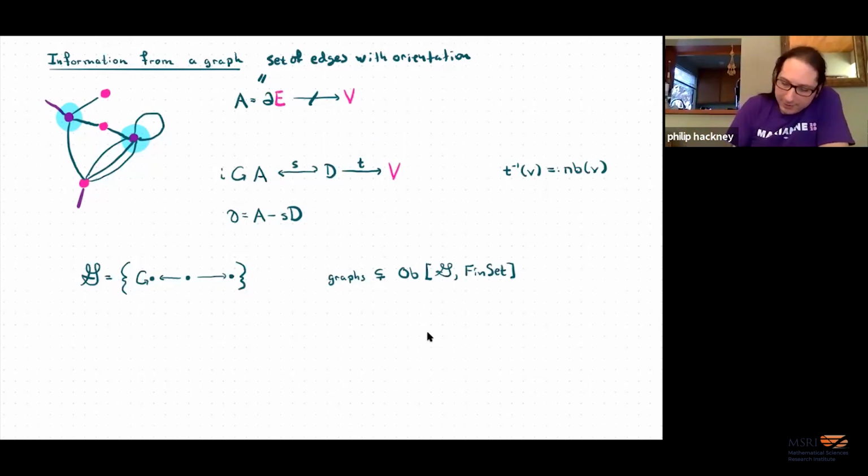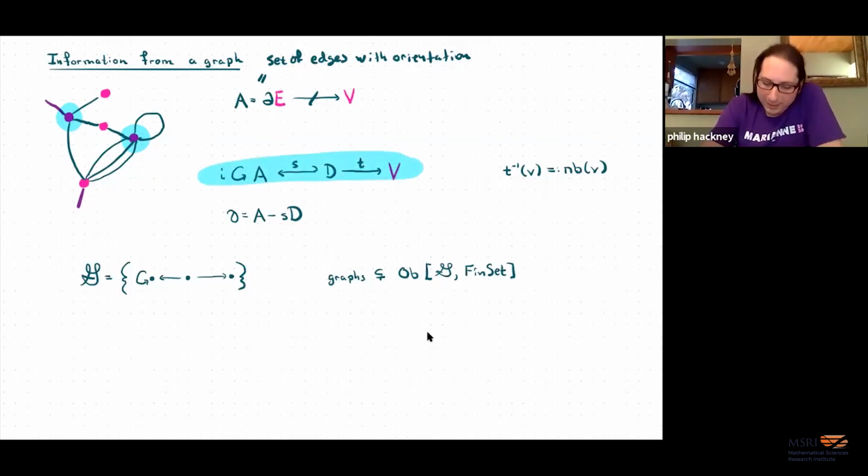Alternatively, I could structure this using a diagram like this, where this I is an involution that reverses the orientation of an oriented edge.